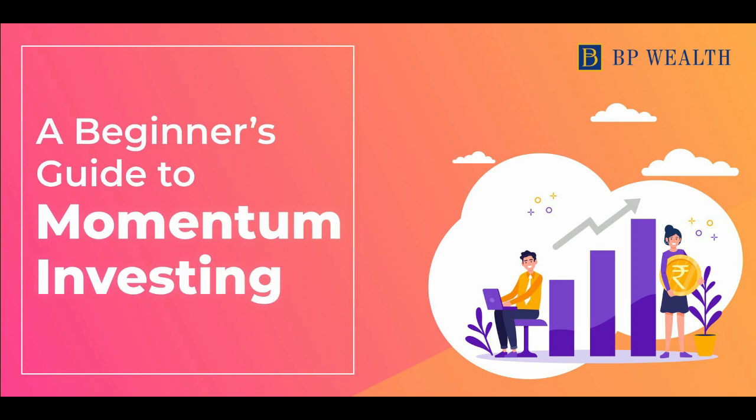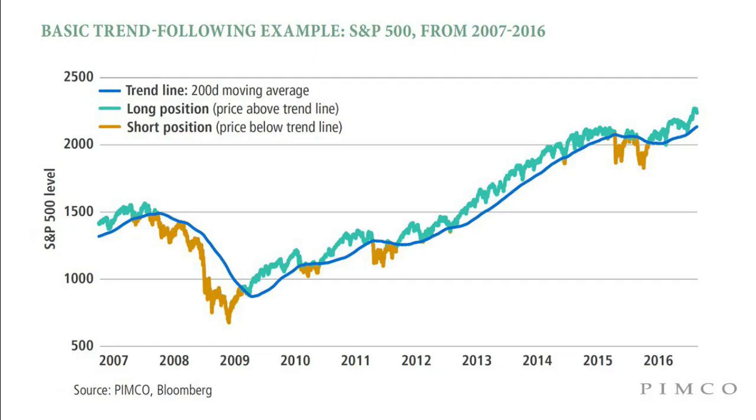Characteristics of momentum investing. Momentum investing is strictly a technical trading strategy. Unlike fundamental or value investors, momentum investors are not concerned with a company's operational performance. Momentum investors apply technical indicators to the analysis of a security in order to identify trends and gauge the strength of the trend, in other words, to determine the level of price momentum in the market.